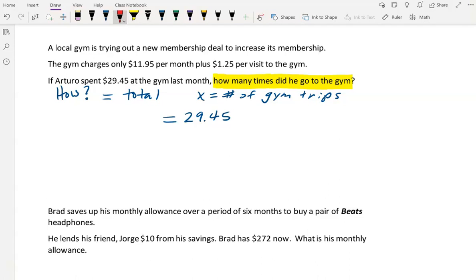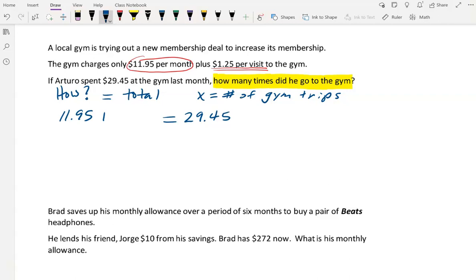Well, we can see here that it is $11.95 per month plus $1.25 per visit. So this is how much he spent last month. He spent $11.95 per month, right? That's the same per month no matter what.